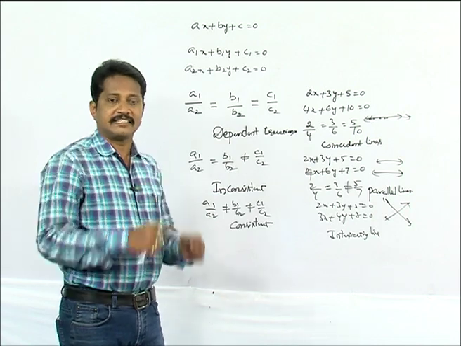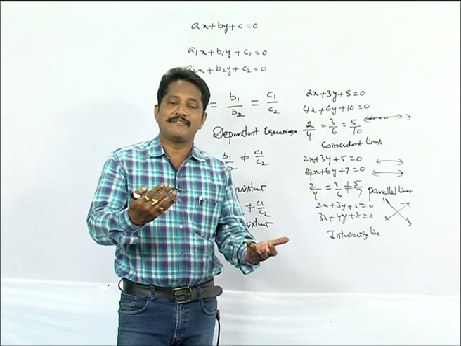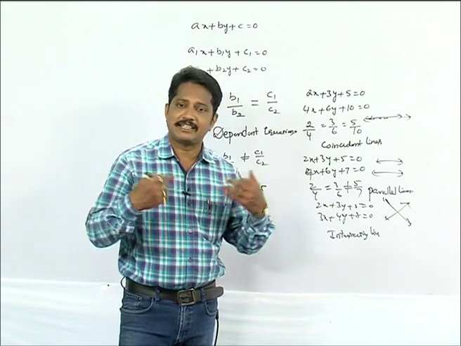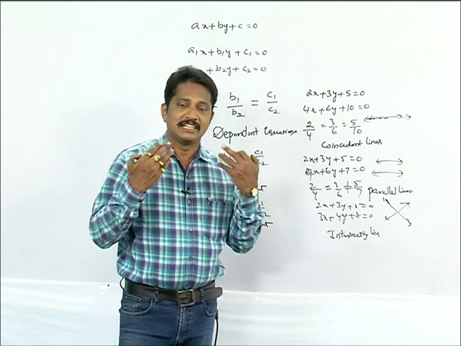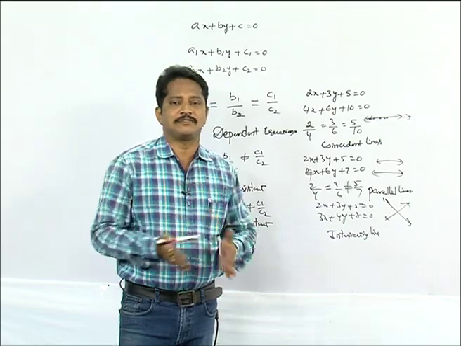Is it clear? In this manner you can identify when the lines are intersecting lines, when the lines are parallel lines, and when the lines are dependent, of course coincident, overlapping or superimposed on each other.